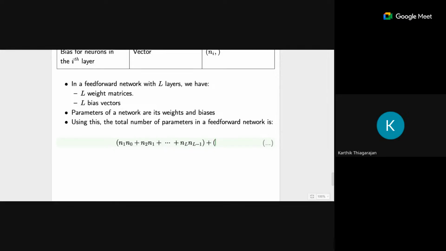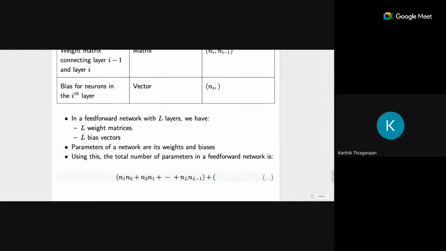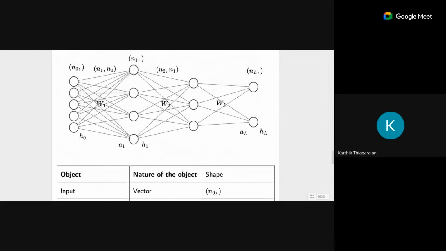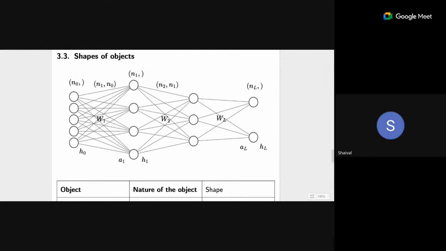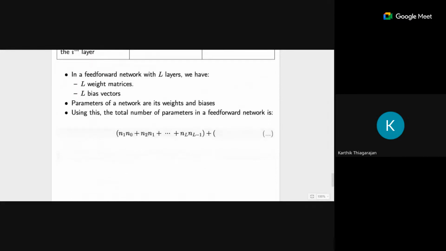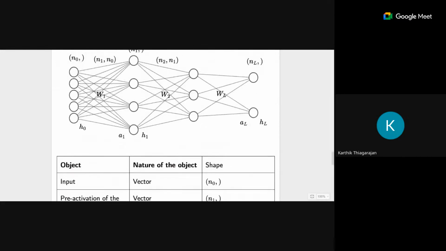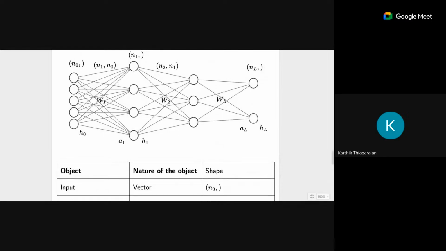How many biases do we have? Number of neurons per layer, correct, except the input layer, right? The input layer does not have any bias. Though they are called input neurons, they don't participate in the computational effort.